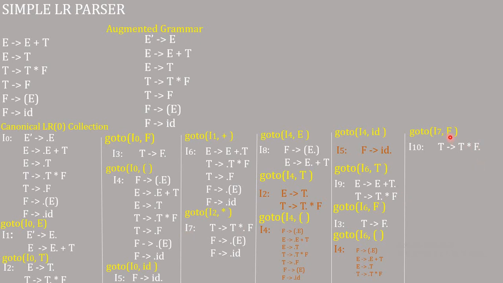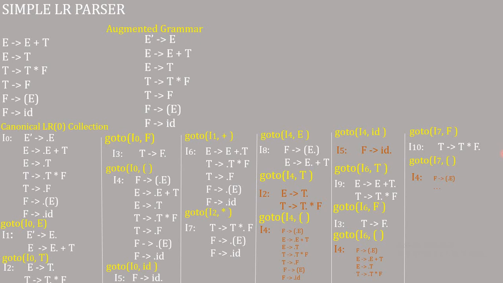Goto of I7 comma F. What happens? You'll be getting T tends to T star F dot. Since it is a new set, let us name it I10. There is no possibility of applying the closure operation because the dot is followed by nothing, so we cannot apply the closure operation.